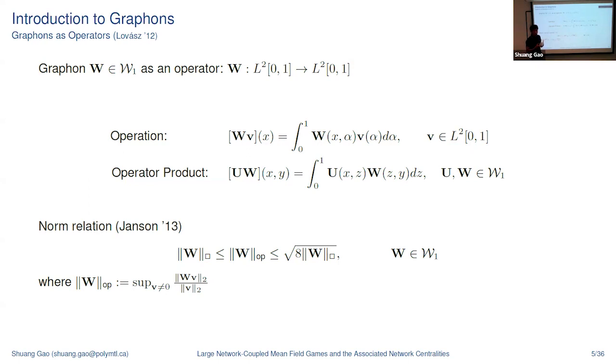Some are convenient to work with, some are not. We started with the definition of the cut norm. It can be shown that there is a nice relation between the cut norm and the operator norm. And here, the operator norm simply is the L2 operator norm. And from now on, we will work mostly with the operator norm because it's easy to characterize.